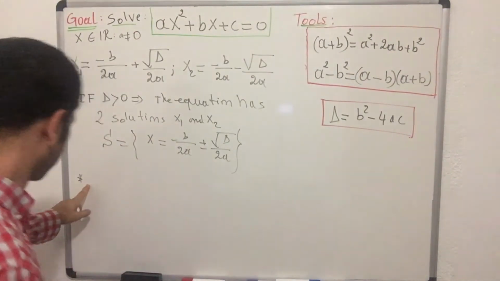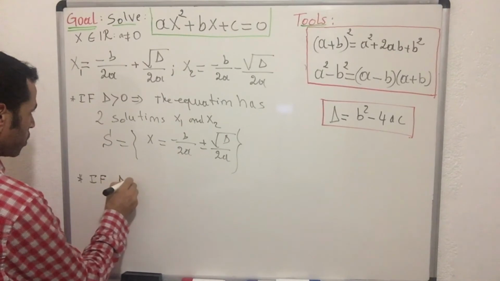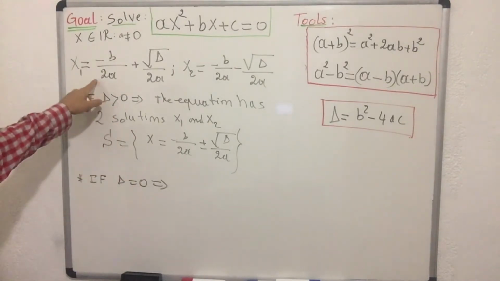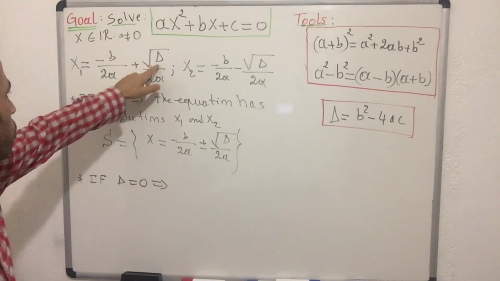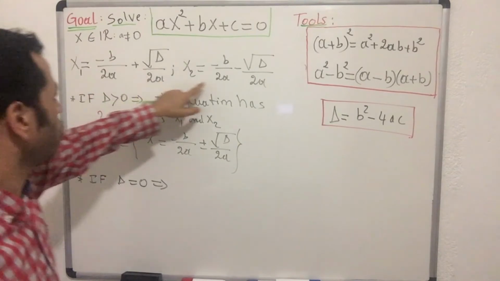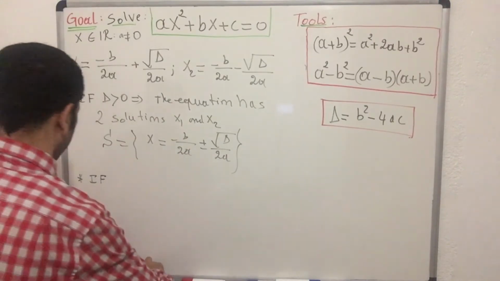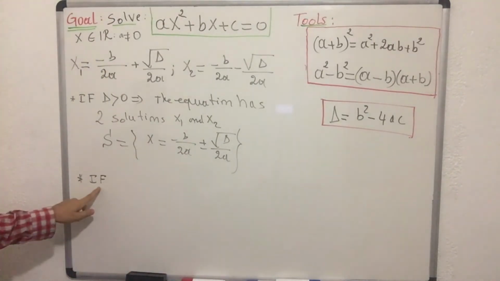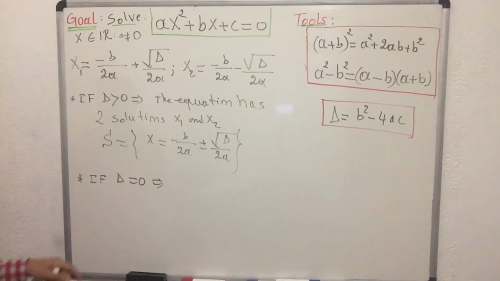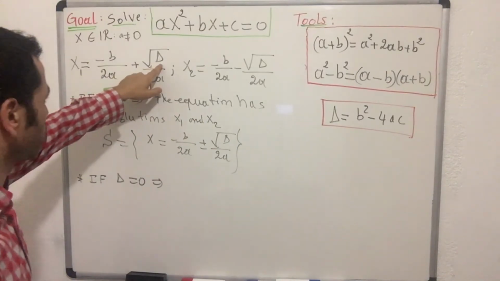The second case, if delta equals 0, that means the equation has only one solution, because delta equals 0.